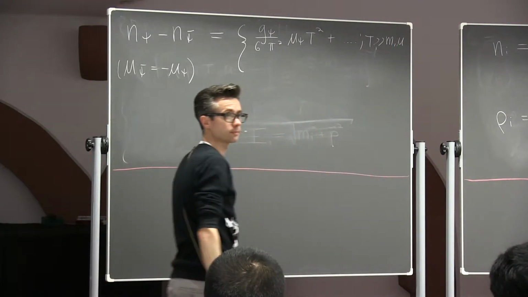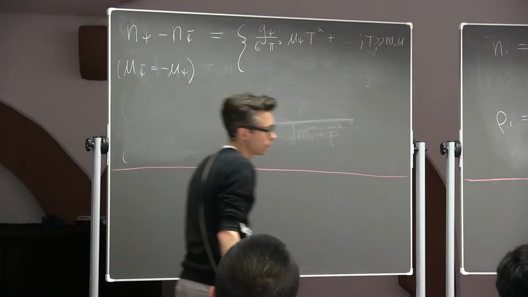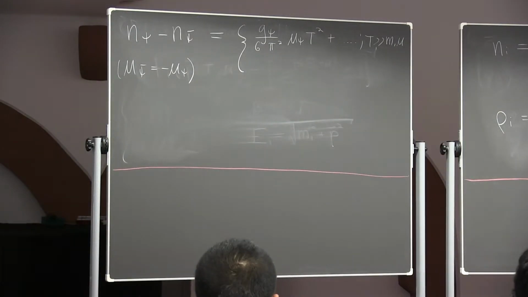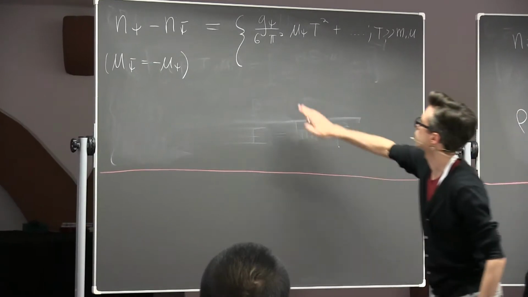Let me make sure, is it squared or not? Okay, I think I forgot some pi's. Oh no, I didn't forget a pi. Never mind, so actually there's no pi here.